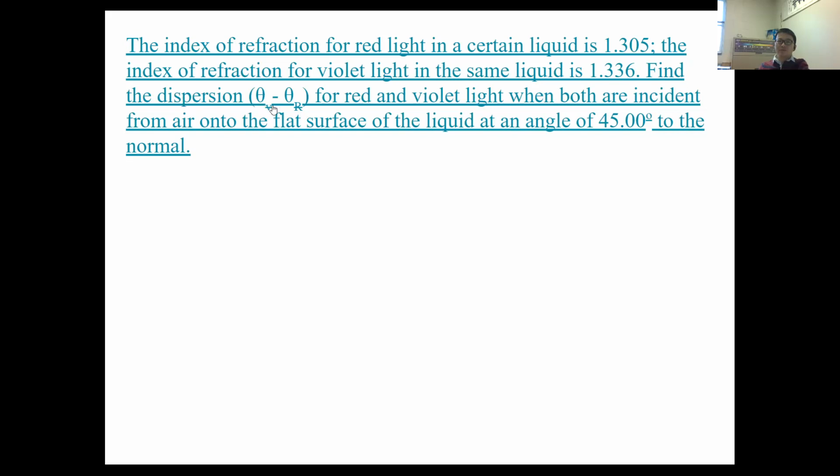Find the dispersion for the red and violet light when they are both incident from air onto the flat surface of the liquid at this angle. Dispersion is defined as the difference in the angle as they enter the medium, violet minus red.